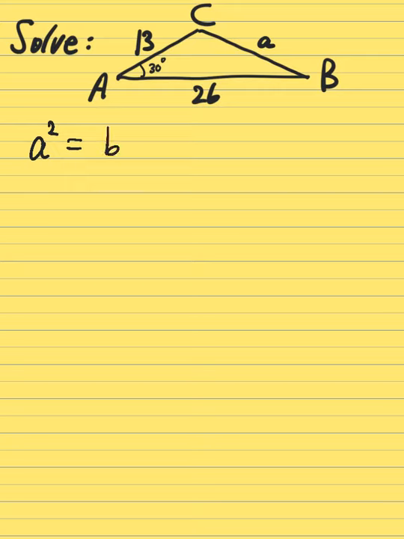If we're going after A, we'll put it first, and then we'll have B squared plus C squared minus 2BC cosine A. We have the values for everything except lowercase a, but that's okay. That's what we're trying to solve.